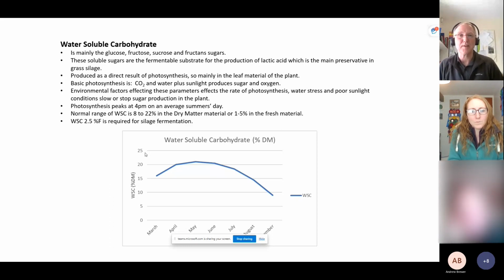So be careful of what you're looking at, because if you're getting grass ready for a silo, it's probably in the fresh. So again, that's the sugars, generally around 2.5% is required for fermentation. So again, that's just a simple overview, a general projection of the way grass sugars go through a season.